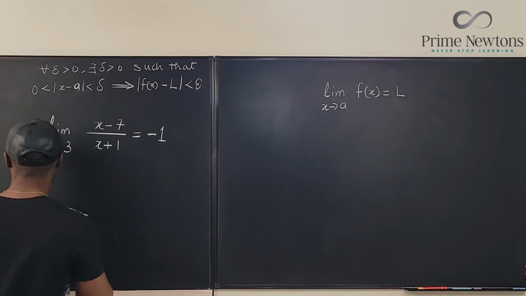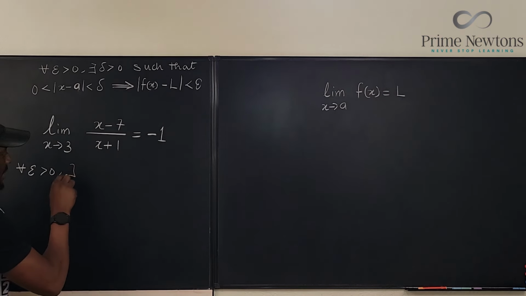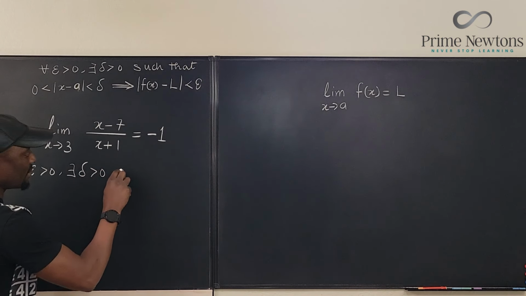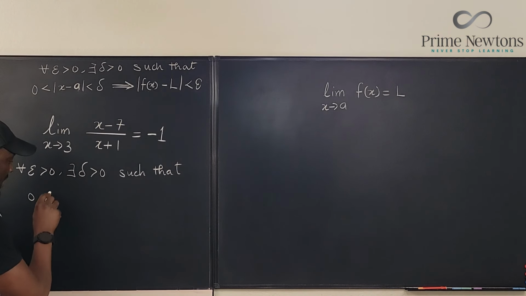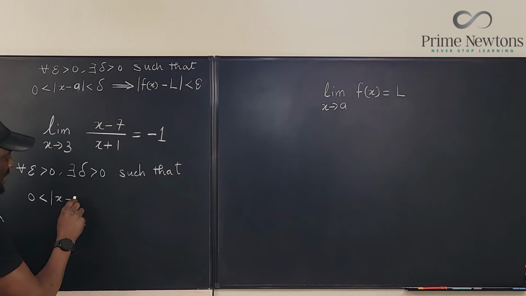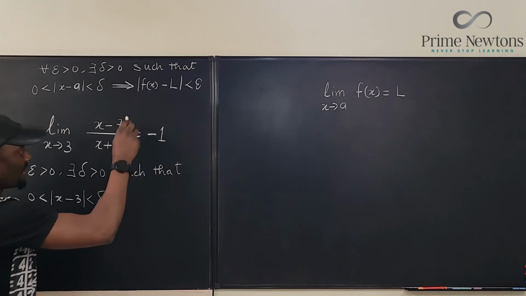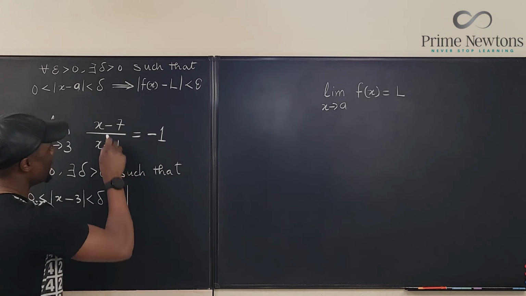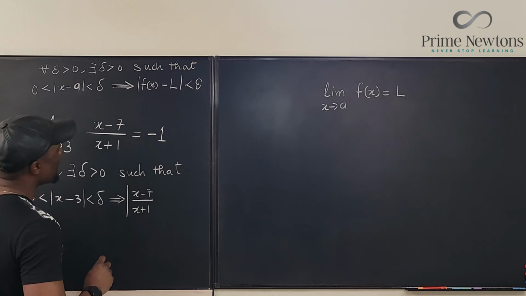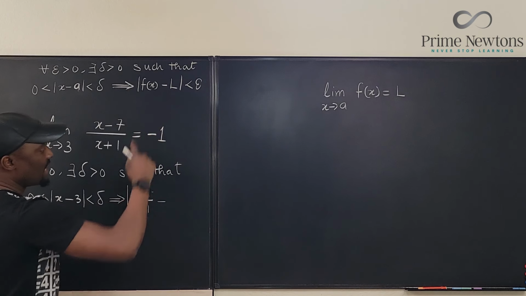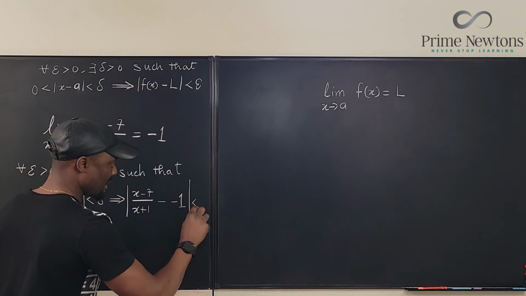So what we're going to say is, for all epsilon greater than 0, there exists a delta greater than 0, such that 0 less than the absolute value of x minus 3, this is my a, less than delta implies that the absolute value of the function, x minus 7 over x plus 1, minus -1, I'm going to write it as -1, like that, is less than epsilon.